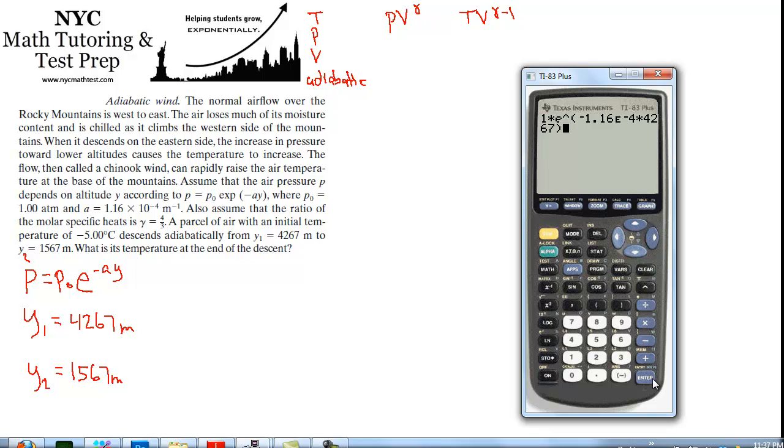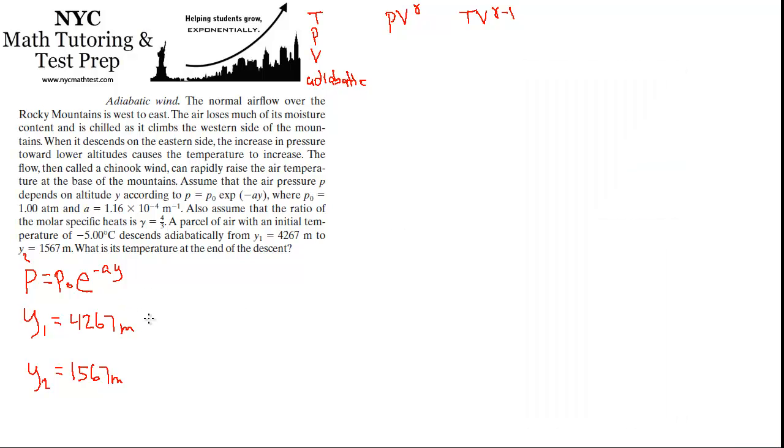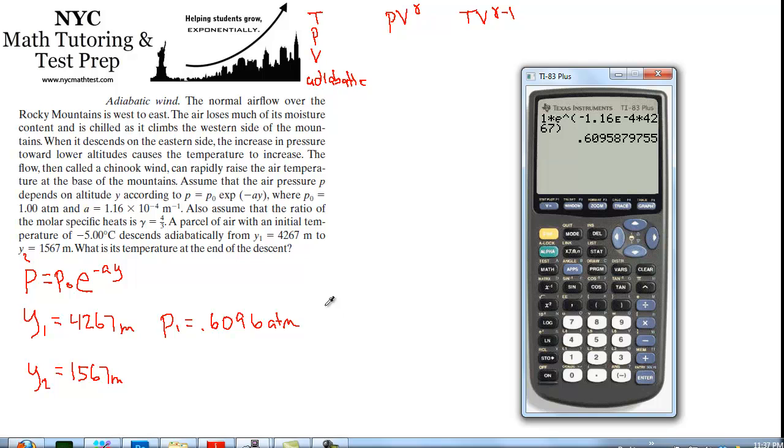And we get 0.6096. So P1 equals 0.6096 atmospheres. We could change this to pascals, but I'm going to keep it in atmospheres because we're going to use it as a ratio.